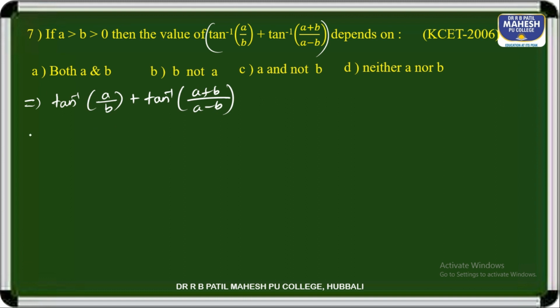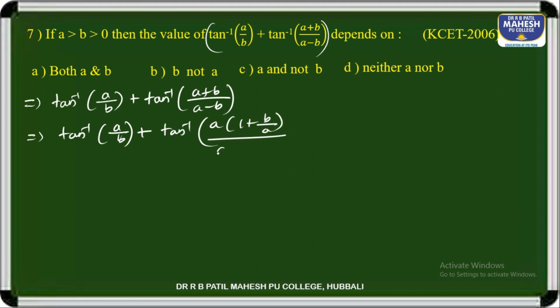So in the first there is no simplification, just keep tan inverse of a by b only, plus in the second I am going to simplify. Already we have seen this type of questions in theory part. Take a common, so that 1 plus b by a we get, upon, even in the denominator also a common, so that 1 minus b by a we get after taking a common.